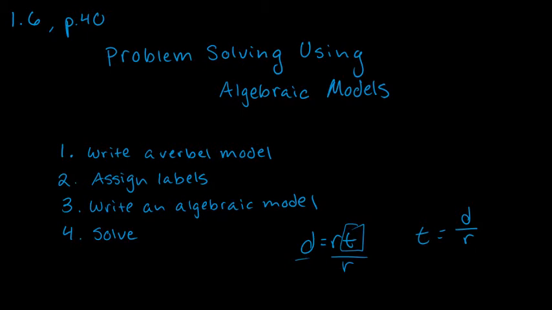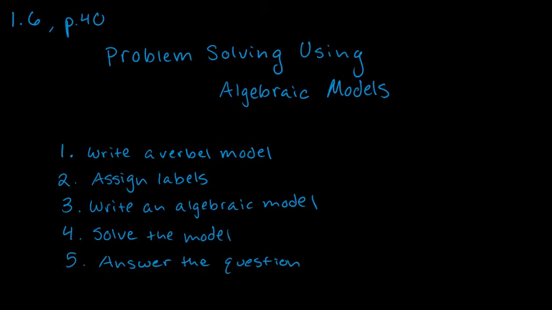And step 4 tells us to solve. So if I have 3250 equals 450t, solving means I want to isolate my variable, or get my t by itself on one side, so I would need to divide by r. And last but certainly not least is actually answering the question.